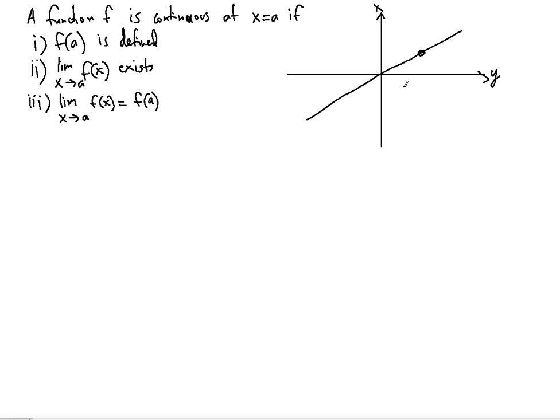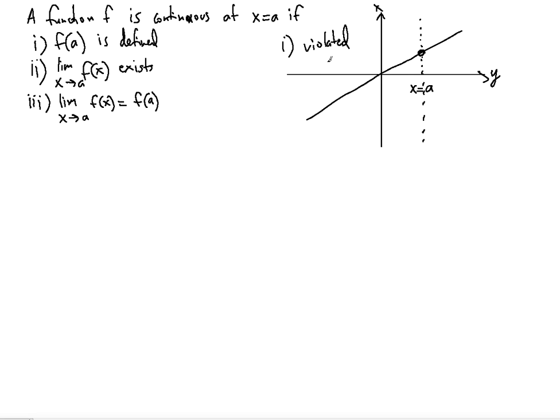Okay, so a hole means that at x is equal to a, this is going to be the x value of interest. The f of a is not going to be defined. Okay, so now we violated the first condition, right? Because if there's a hole, it means that f of a is not defined, right? So condition one fails. So we can say violated.